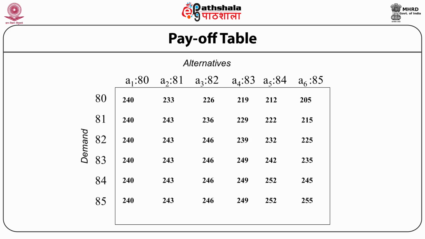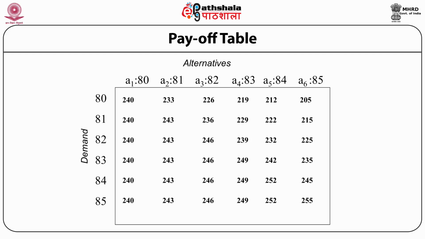As we know from the example, the cost price per packet is rupees 37 and the selling price is rupees 40. So obviously profit per packet is rupees 3. So when he is selling 80 packets, his profit would be 80 into 3, equal to rupees 240.